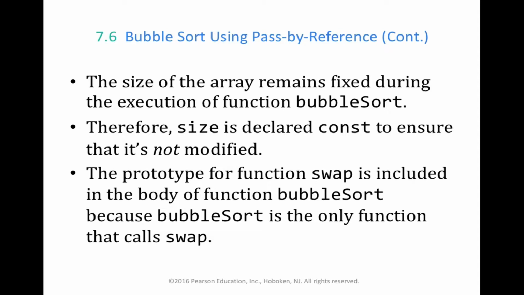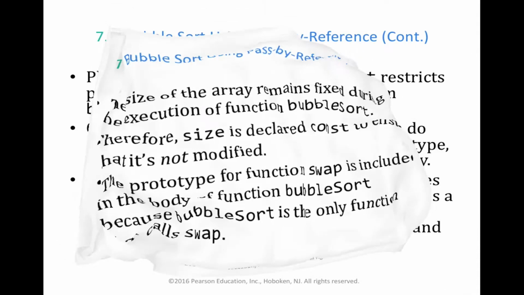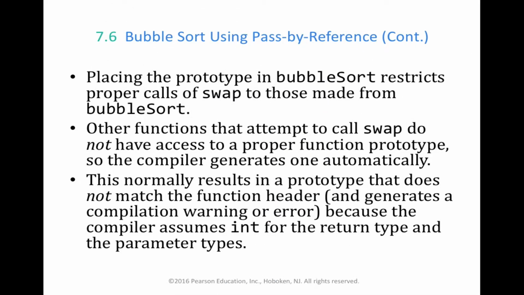I'm just kind of a stickler. Just put them all up there anyway, because you never know when somebody else might want to use a function. It really doesn't make any sense to me to create a function and then limit it to only certain function calls. I think it should be available anytime you need to make a swap. So I would have put it up at the top, but that's okay.